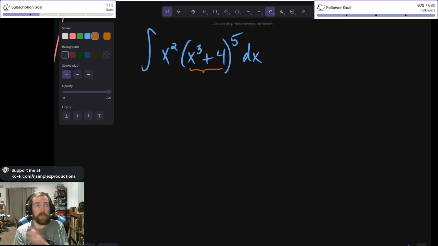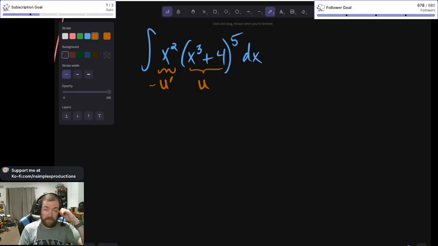or rather composed function, I suppose. Here we should look at this and say, if we let this be u, is this going to be, roughly speaking, u prime? So in this case, u is x to the third plus 4, and u prime is actually equal to 3x squared.